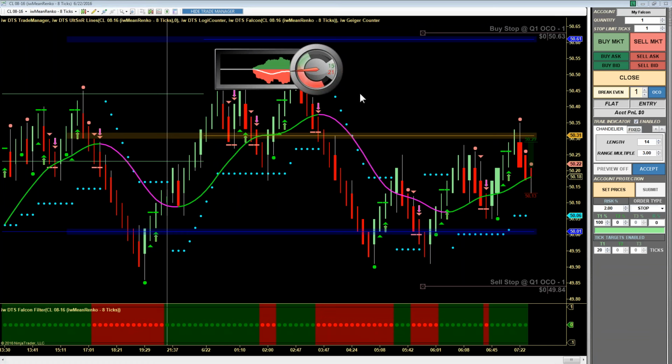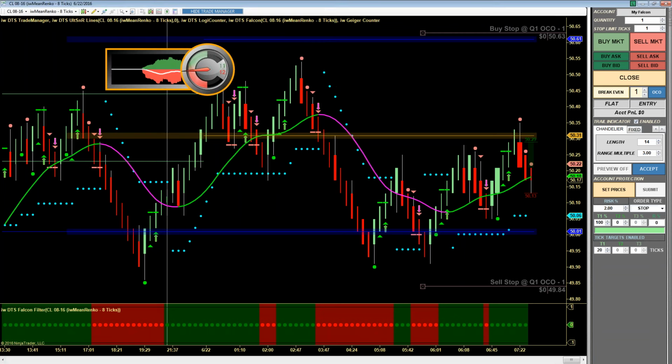Somebody loading up on the buy side. Now I could have placed my entry order a little bit tighter if I chose. Oh, somebody else loading up on the short side. So traders trying to get themselves positioned ahead of the report.